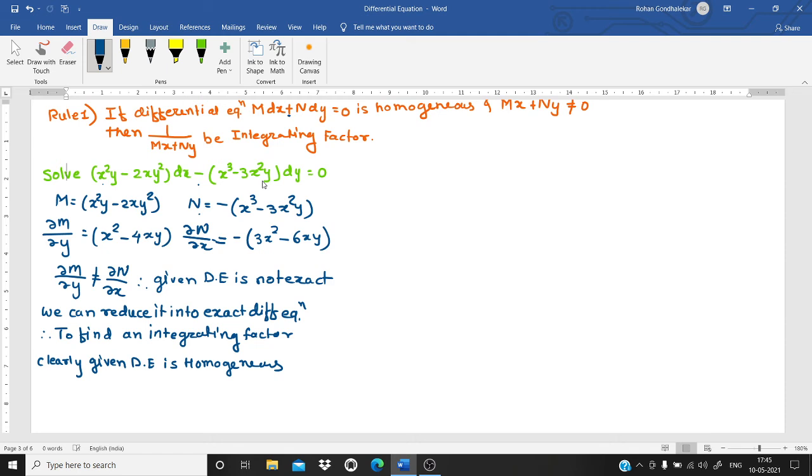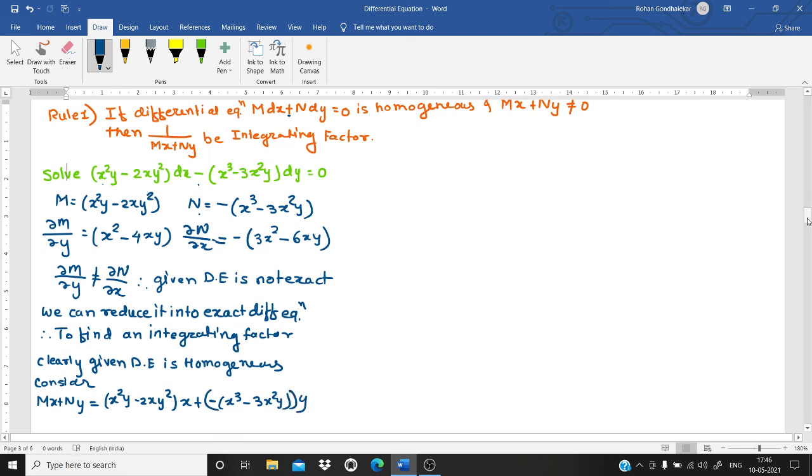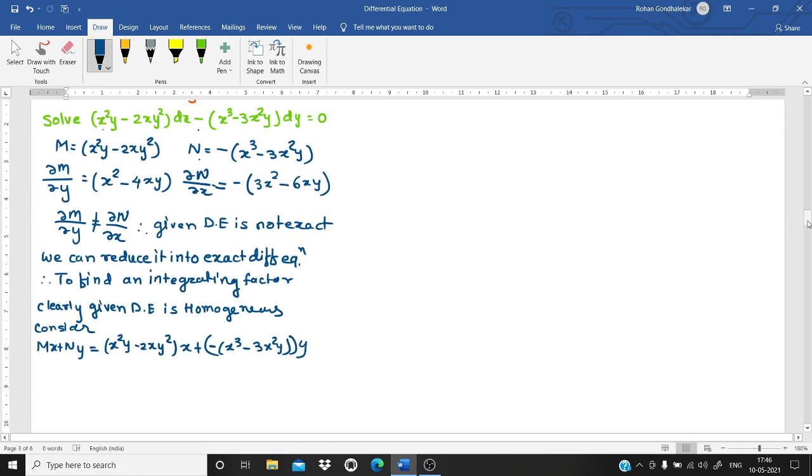Fine. Now consider Mx plus Ny. So what is Mx plus Ny? M is (x square y minus 2x y square) into x, plus N, which is (minus x cube minus 3x square y), into y. Now let's calculate this value.